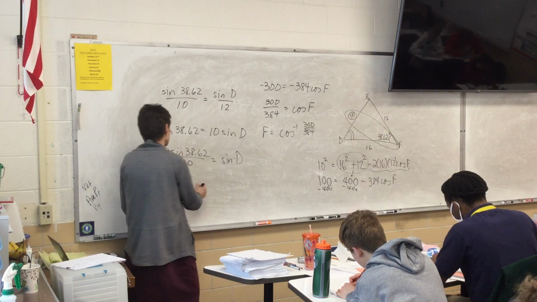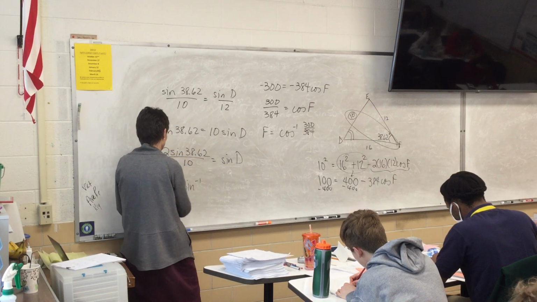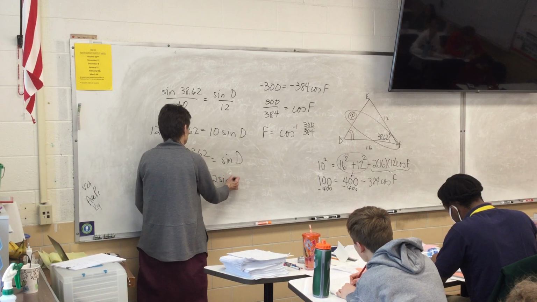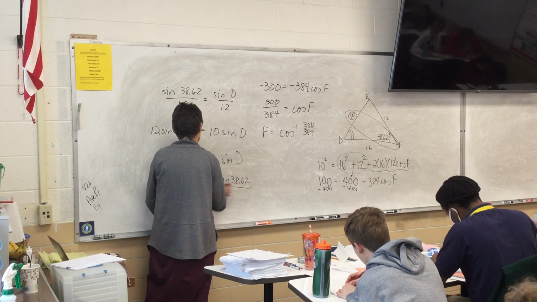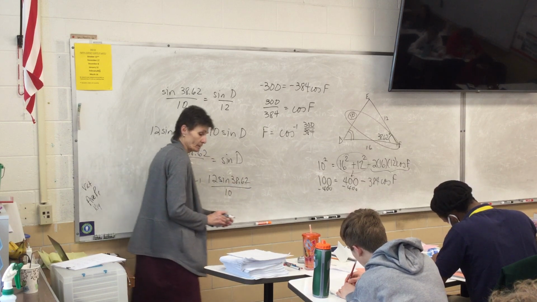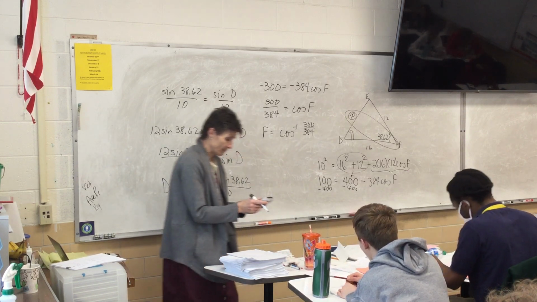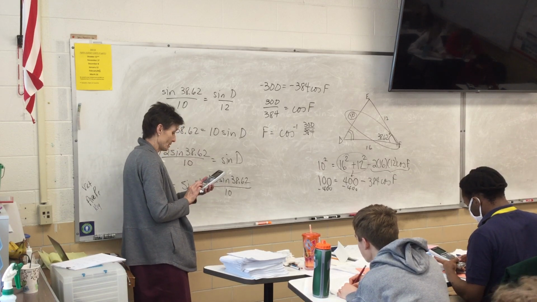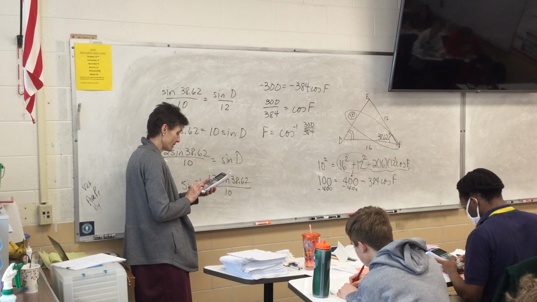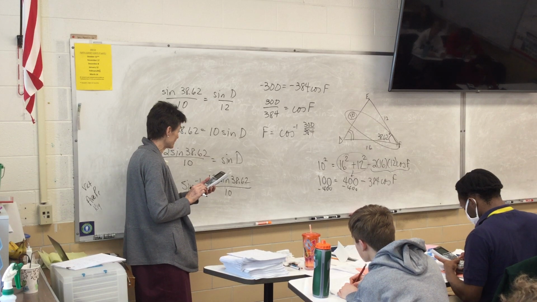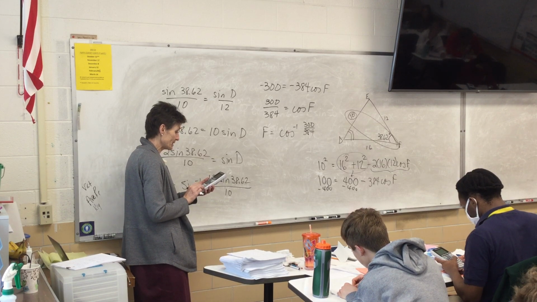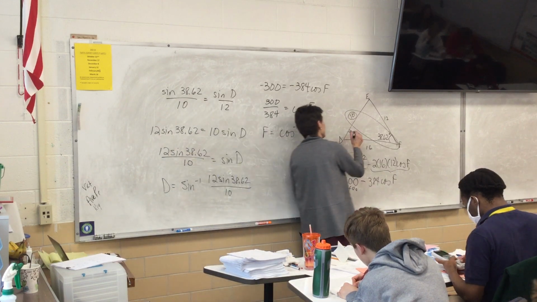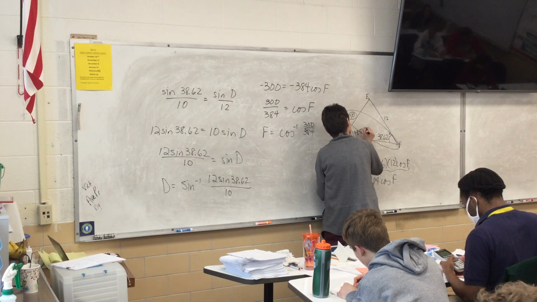Inverse sine, yep, so inverse sine, that big fraction. 12 sine 38.62 close parentheses divided by 10. So you get 48 point five. Oh, I got 48.50.